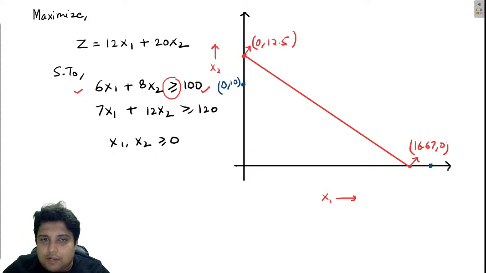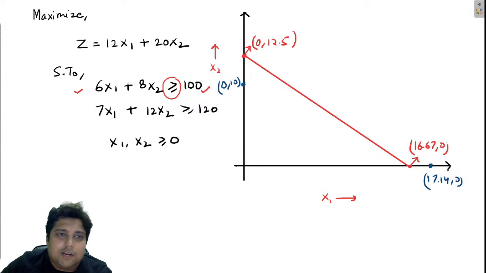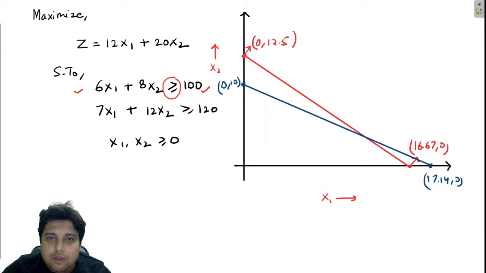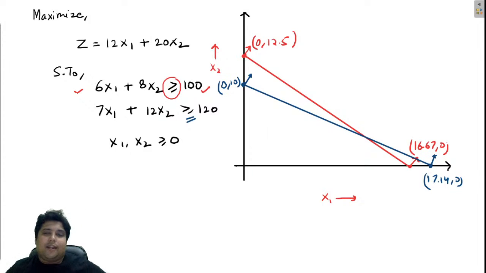So let me mark this here, comma 0. So let me join these 2 points. Again, you can see this is greater than equal to, all the points above this line are also the feasible solution.